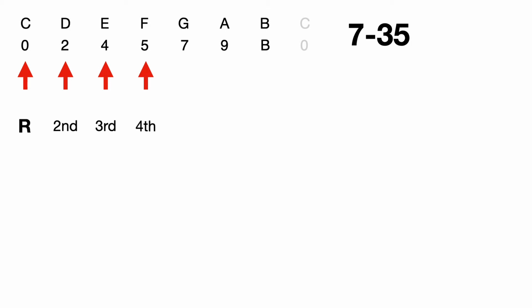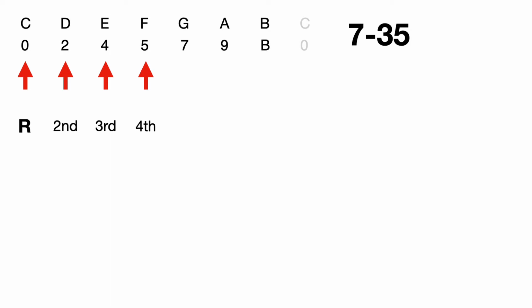Now, here, when we're talking about second, third, and fourth, I'm referring to the second, third, and fourth notes in the scale that are not necessarily a second in terms of an interval, or a third, either a major or a minor third, or a perfect fourth, or so on. It just so happens that these are related in this way with a major scale.